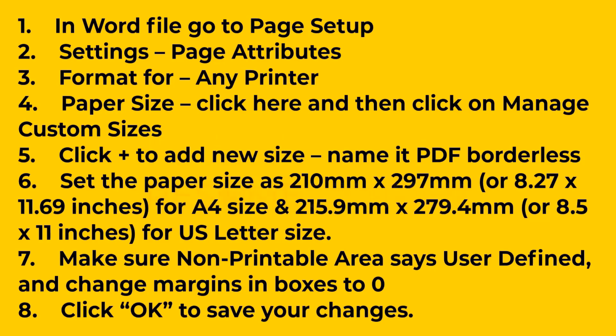Set the paper size as 210 mm by 297 mm, or 8.27 by 11.69 inches, for A4 size, and 215.9 mm by 279.4 mm, or 8.5 by 11 inches, for US letter size. 7. Make sure non-printable area says user-defined, and change margins in boxes to 0. 8. Click OK to save your changes.